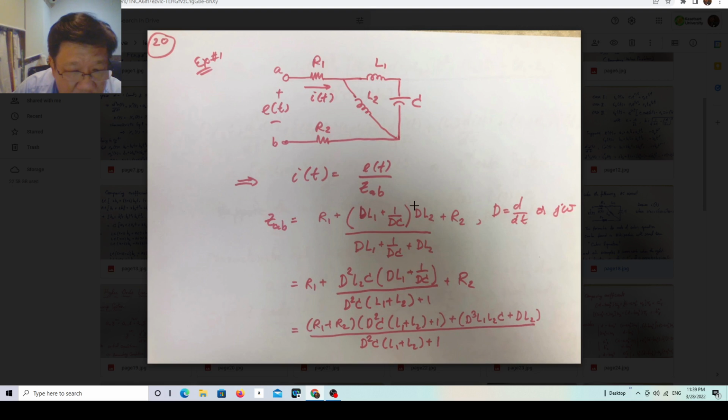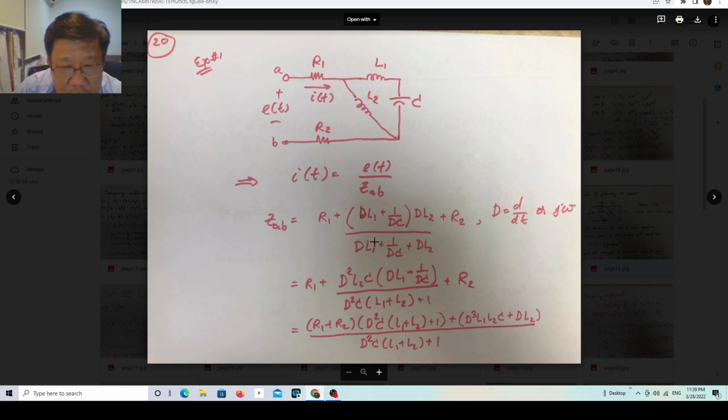You might recall that D is a replacement of d/dt, or maybe j omega, where j is equal to the square root of minus 1. So these are multiplied with each other, and then divided by the summation of the impedances of both parts.